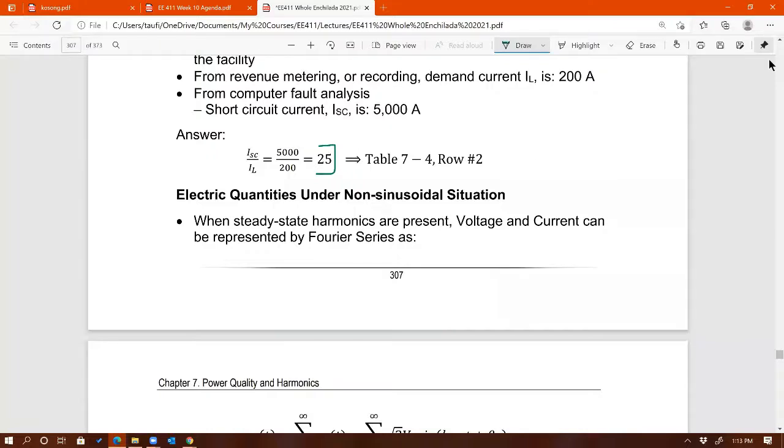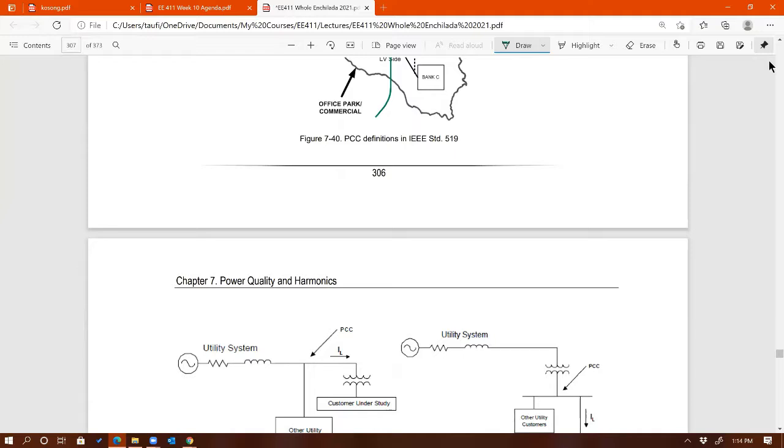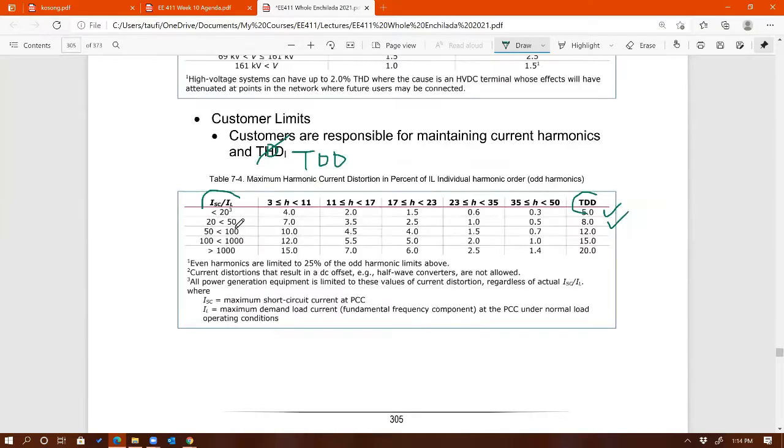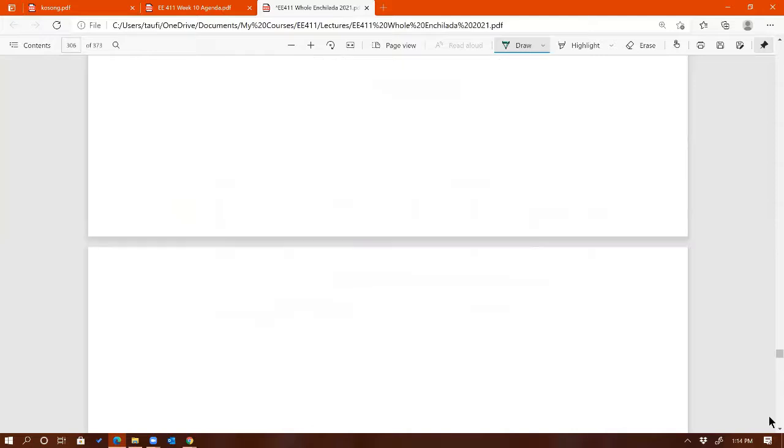So the ratio is 25. If we go to that table, the ratio 25 belongs to this row right there, 20 to 50. Between 20 and 50, the ratio of the short circuit to the full load, in our example, is 25, so that belongs to the second row. Then the total demand distortion should be less than 8%.